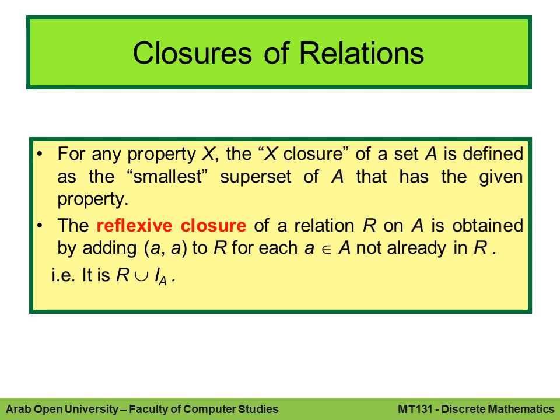For any a in the set A where (a, a) is not there, you just add that ordered pair. Another way to look at that is to just take R union the identity. That will guarantee the result will be a reflexive set, and that will give you the reflexive closure of R.